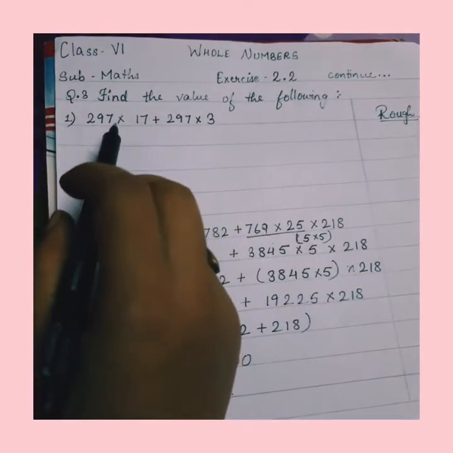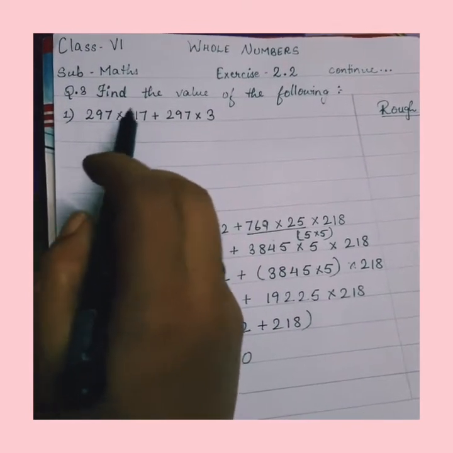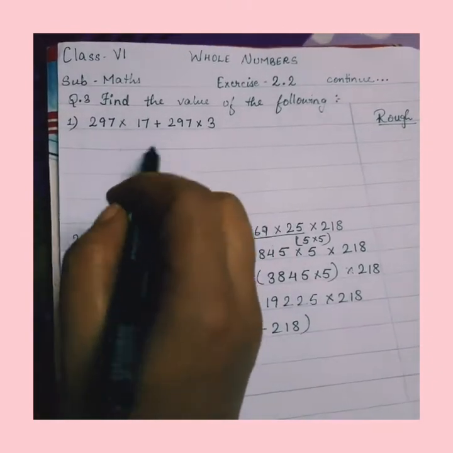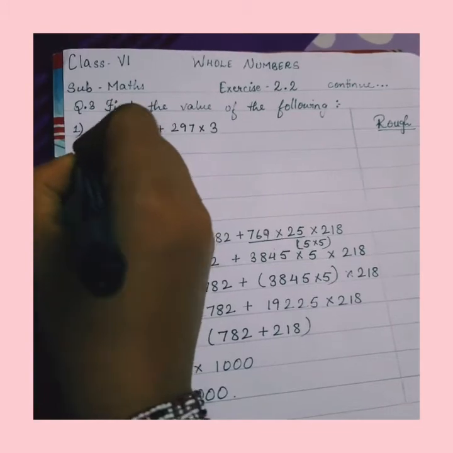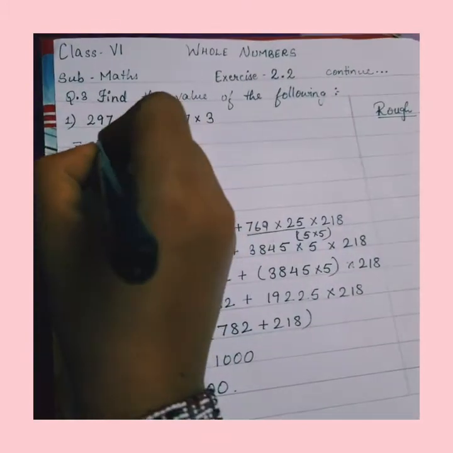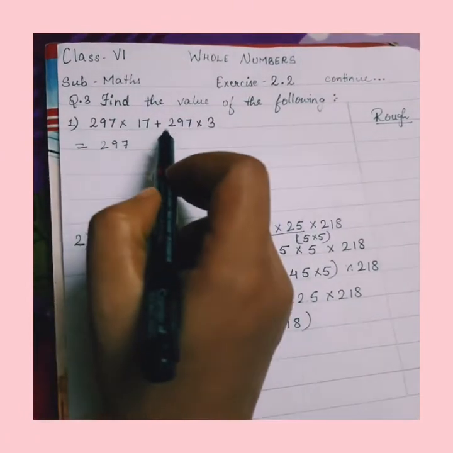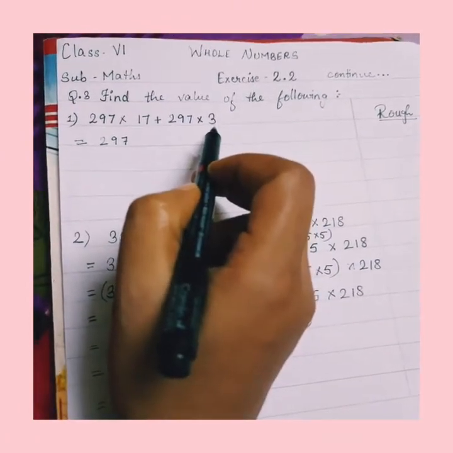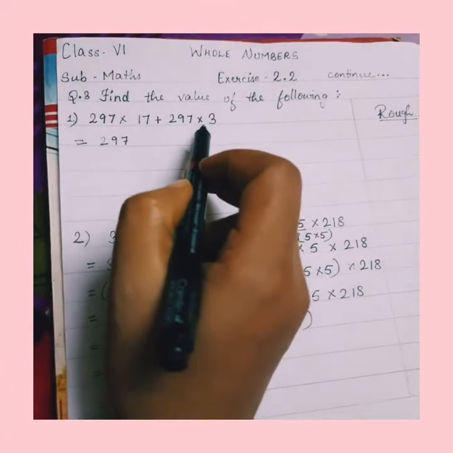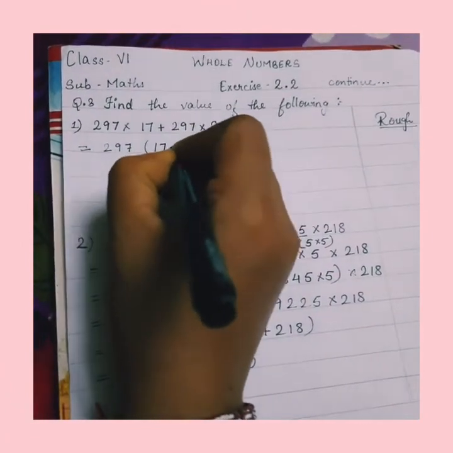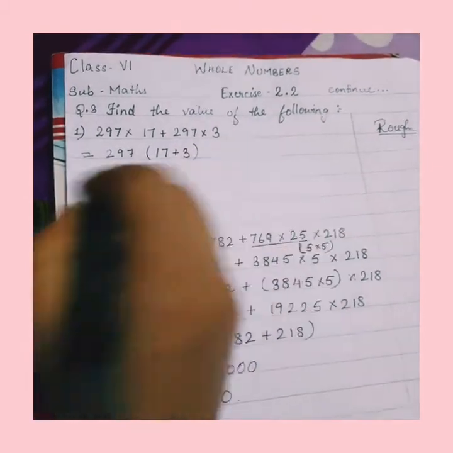As you can see here, the same number is repeating twice in the question, that is 297. So that number can be taken as common, 297, and then 17 plus 3. These two numbers are different, so we can put it into a bracket, that is 17 plus 3.